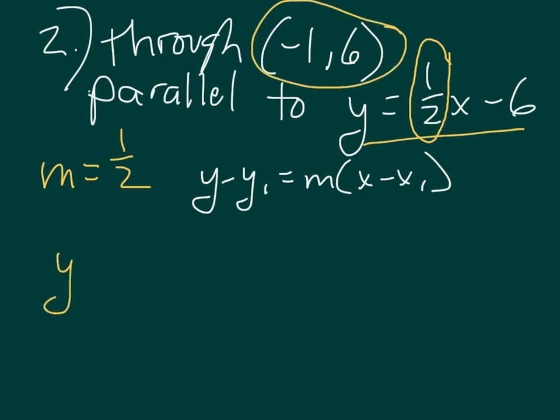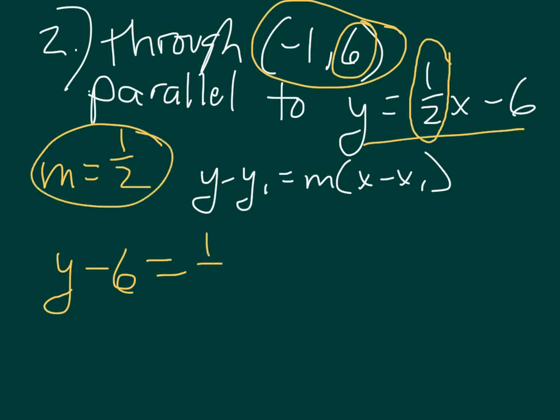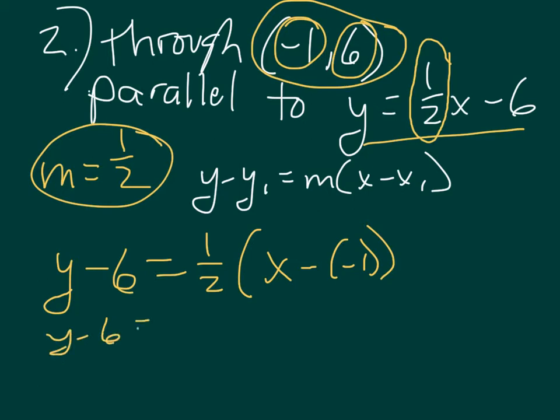I've got y minus 6, here's y1, equals m, and I know m is 1/2, times x minus -1. So x minus -1 is x plus 1. So I've got y minus 6 equals 1/2 times x plus 1.